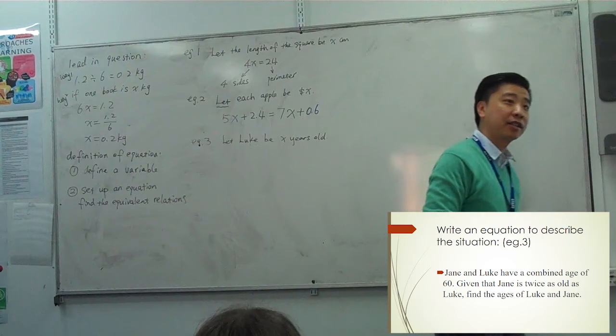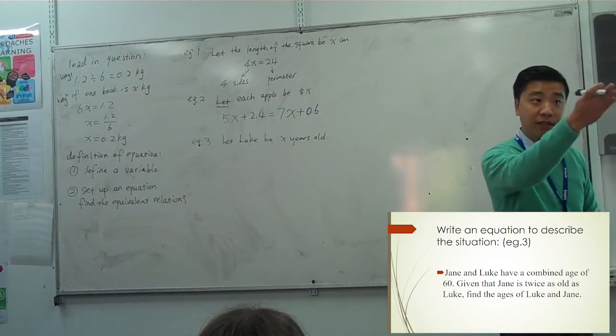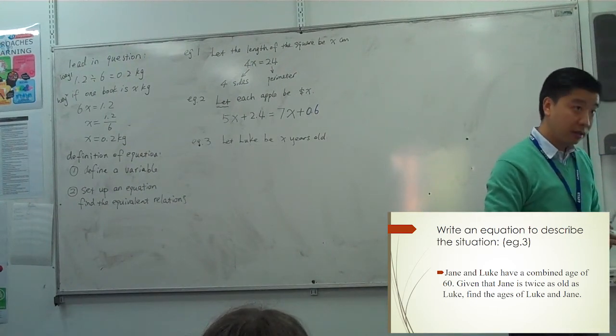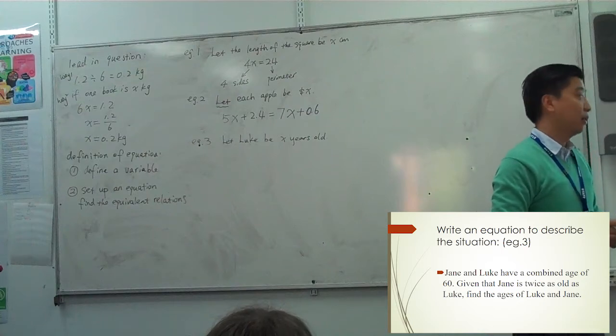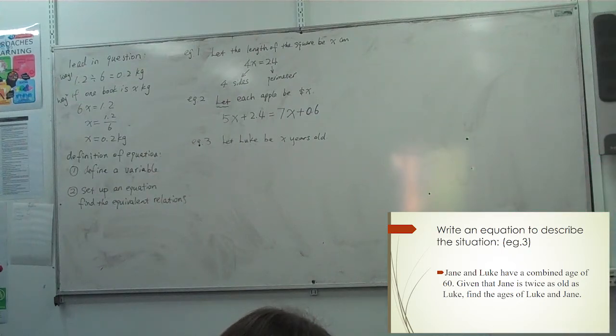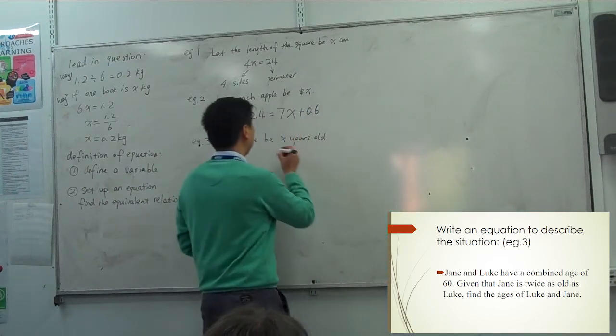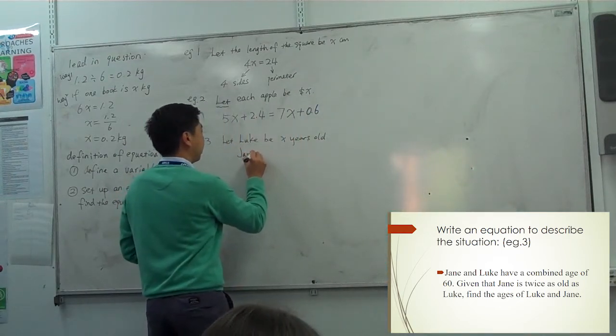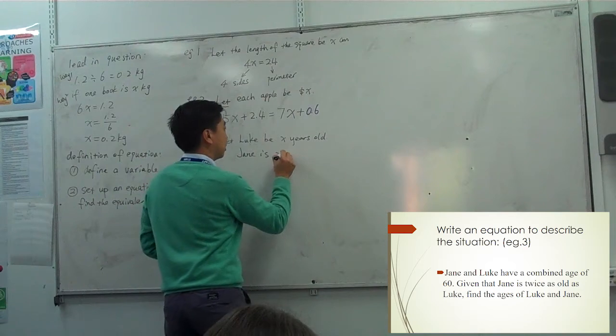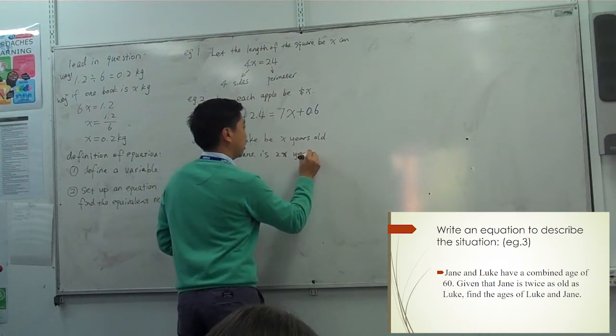Why did you say 2x? Because she's double his age, so his age plus his age equals her age. Very good, because Jane is twice as old. This sentence tells you it's double the age. Good. So, Jane is 2x years old.